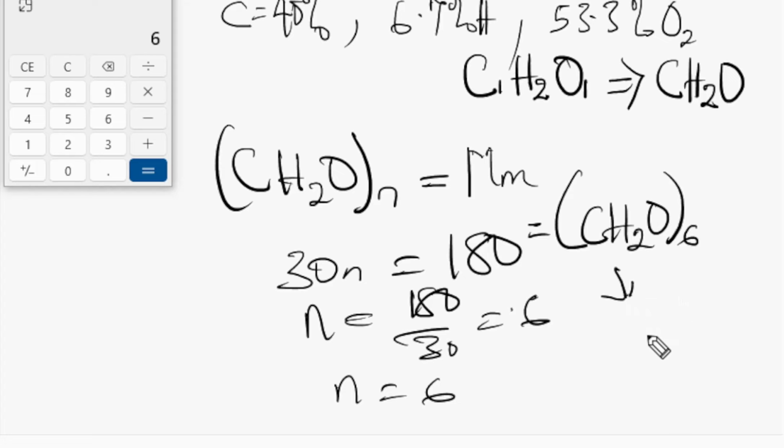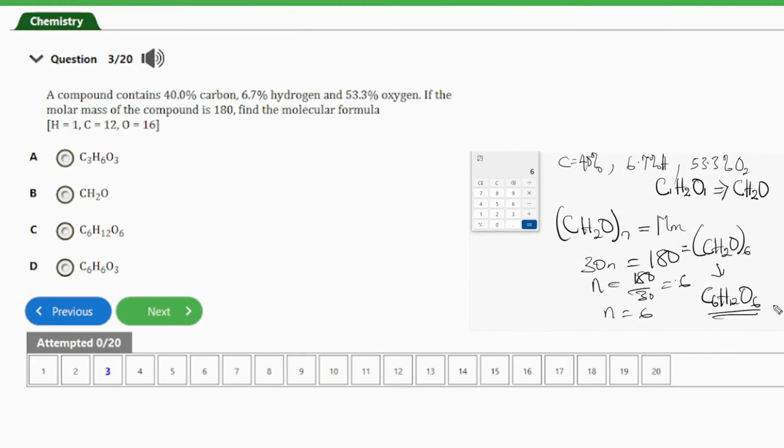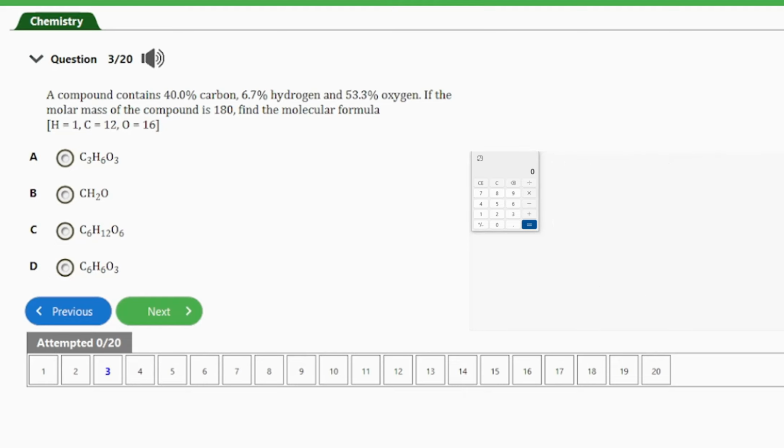So let's write this down here, which means that we have C6H12O6. So guys, this is actually the molecular formula for this question. So that's option C guys, and that's the correct answer to this question. Option C here is the correct answer.